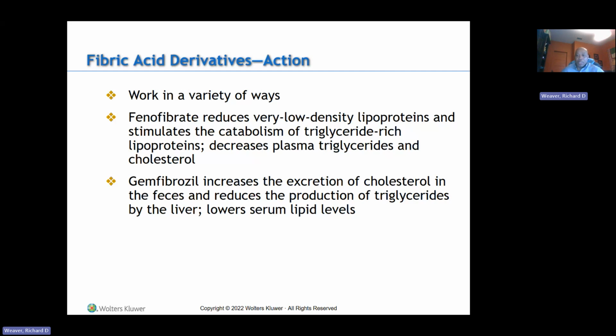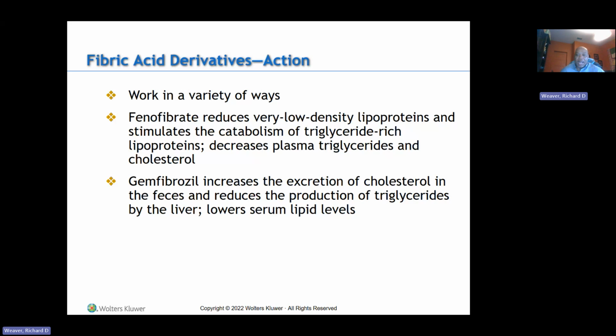And of course, this will result in a decrease in plasma triglycerides as well as cholesterol. So again, this fenofibrate reduces the very low density lipoproteins, but it also causes the catabolism or the breaking down of the triglyceride-rich proteins. And of course, we can achieve lower triglyceride and cholesterol levels.